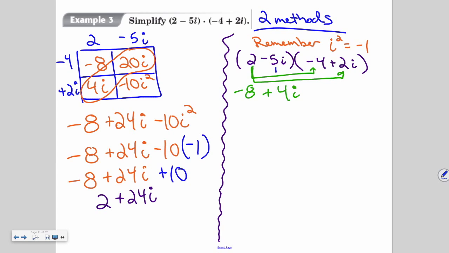Now I take the -5i times -4 and I get plus 20i. -5 times positive 2i is that -10i squared again. Now I'm just combining in the middle, so that's where I get my 24i.